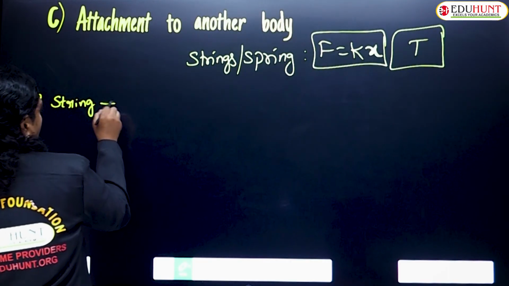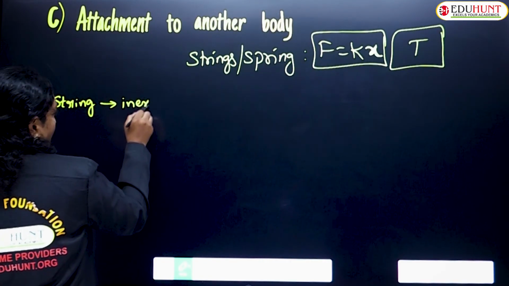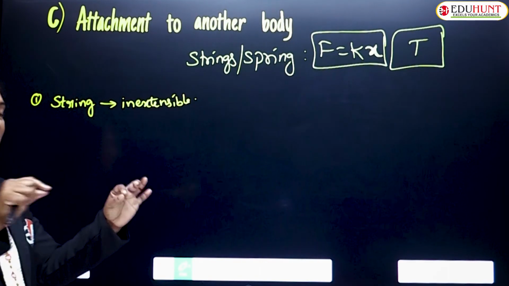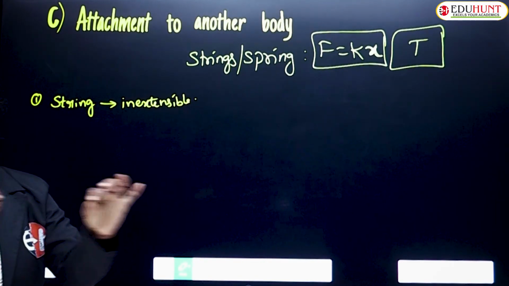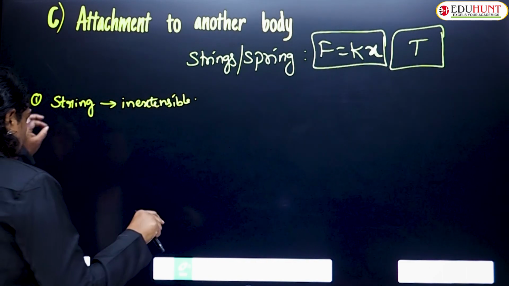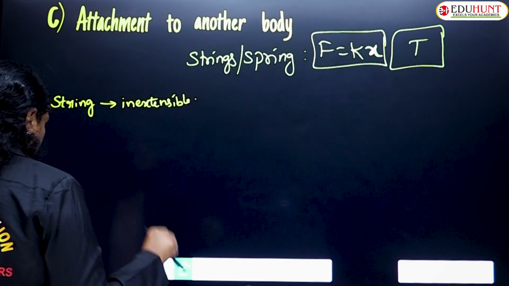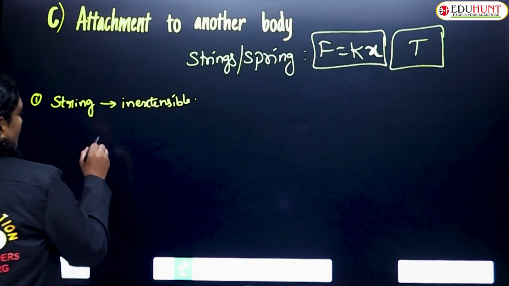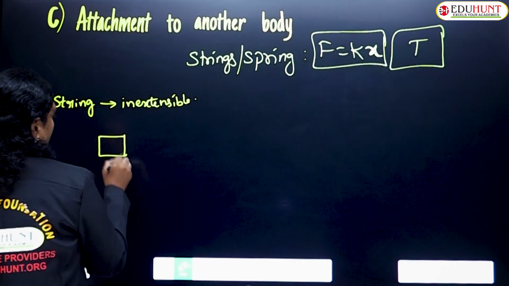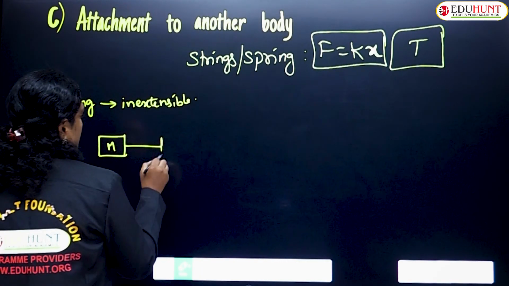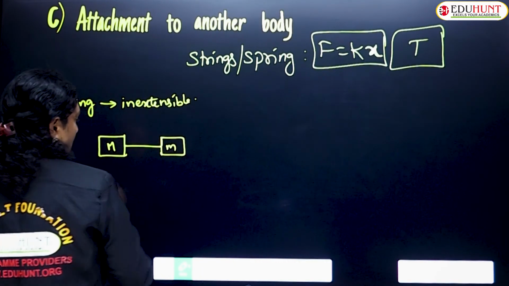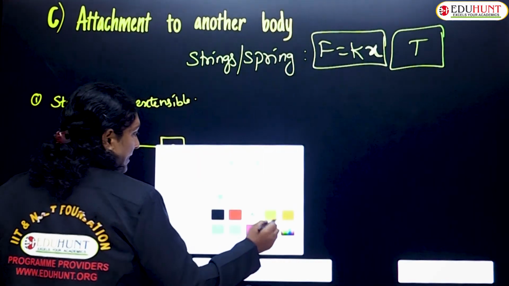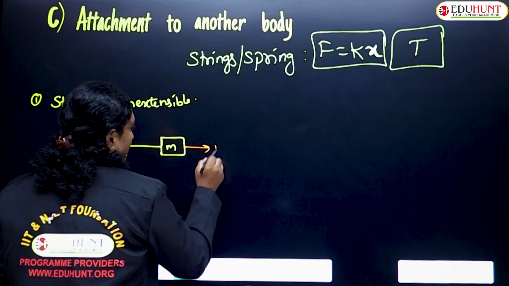If the string happens to be inextensible, what is the meaning of inextensible? The length of the string remains the same; it is not extendable. Suppose a body of mass m is attached to another body of mass m, and some force is applied here.